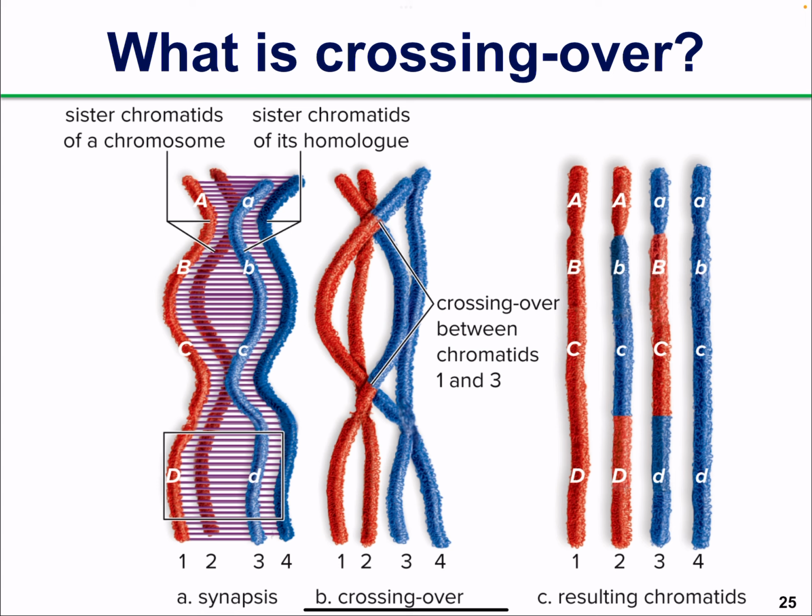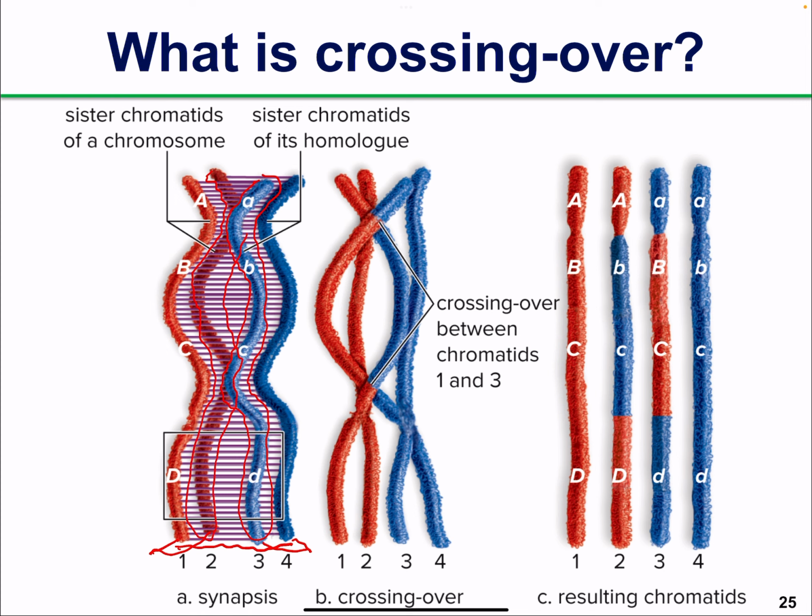Now, what is a crossing over? So you have a homologous chromosome right here, right? With one sister chromatid and two sister chromatid for this chromosome that you receive, say, from mom, and this one you receive from dad. Now, a leg that you receive from dad right here is going to connect with a leg from mom right here.